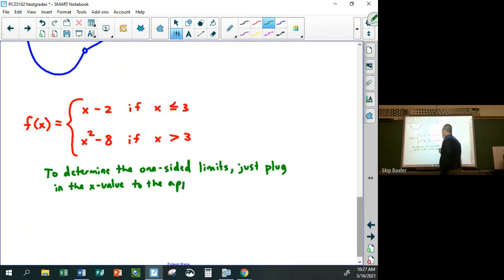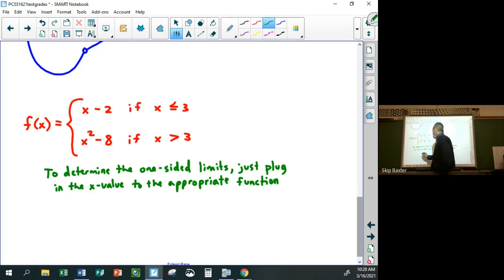And when I say appropriate, what I'm talking about is, like if I'm going from the left, for example, the appropriate function is the top function, because that's the function that f of x actually is to the left of 3, right? If x is less than 3, that's to the left of 3, the function is this. So that's the appropriate function if I'm trying to find the left-sided limit. If I'm trying to find the right-sided limit, then I plug 3 in here, because this is what the function looks like if x is to the right of 3.